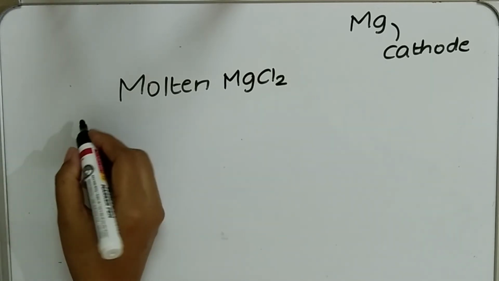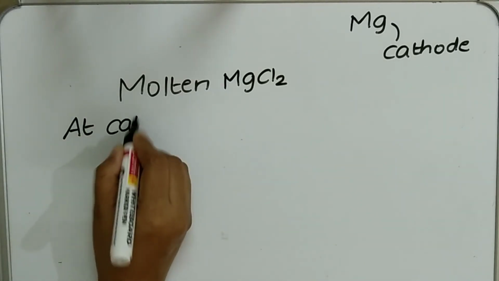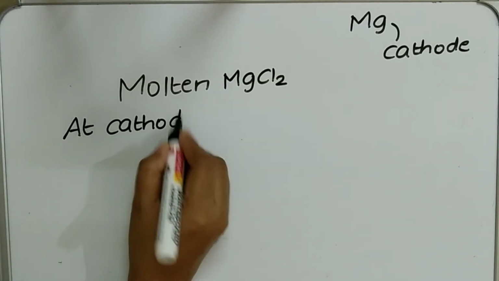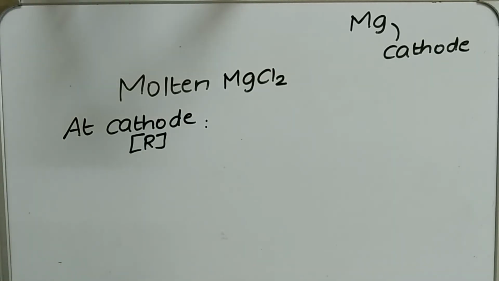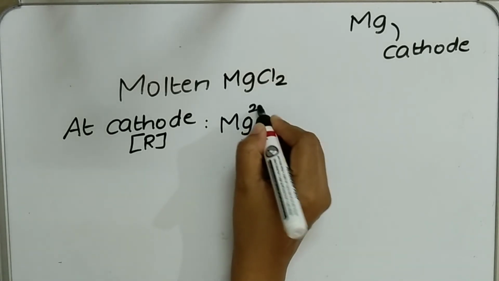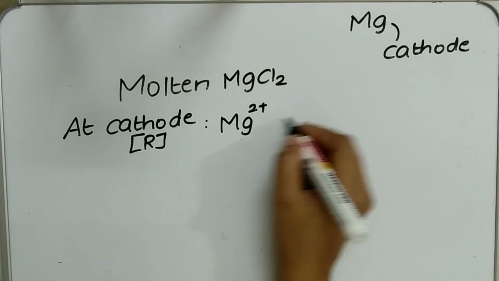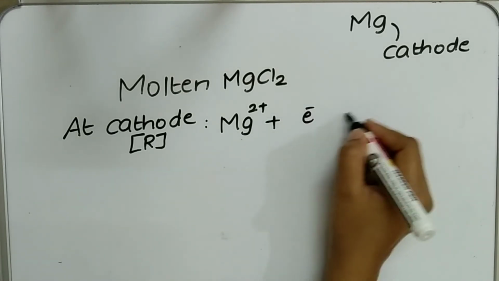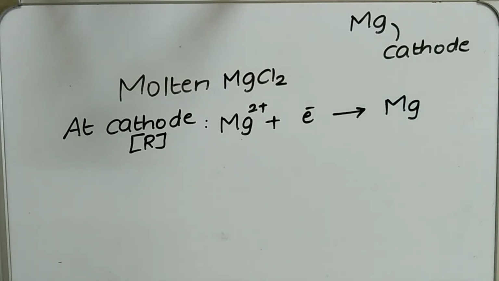Now at cathode, because we want the weight at cathode, we will write the equation for cathode directly. Mg2 plus ions will move towards cathode, because positive goes to negative electrode. They will gain electrons and get reduced to Mg metal.